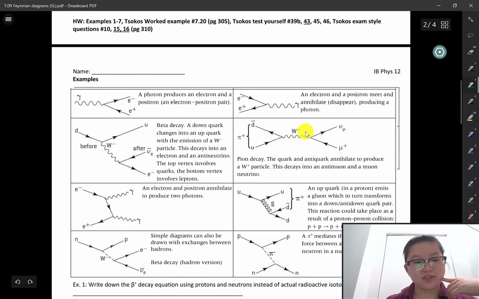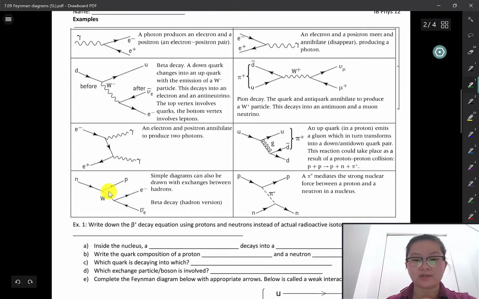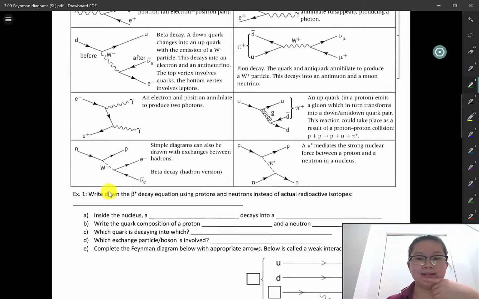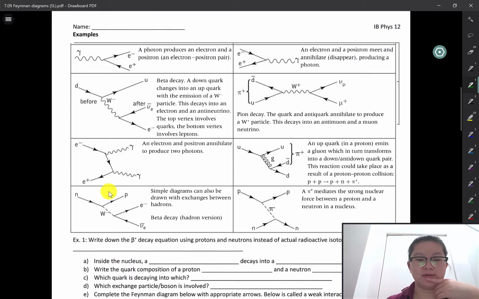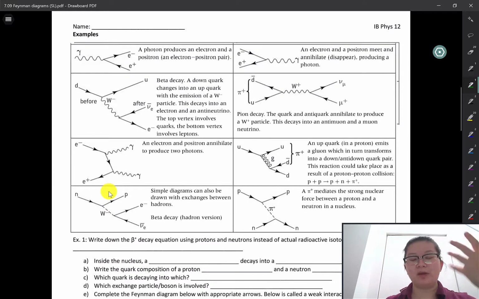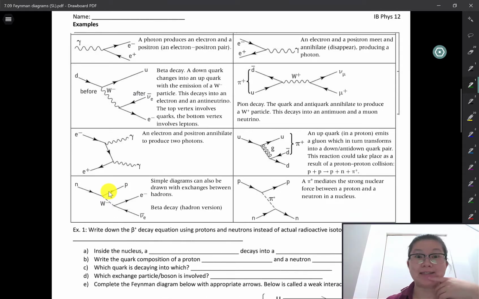Here we have an interesting one where you have an electron and positron annihilating to produce two photons. So there's an interaction happening there. And notice that we need two vertices, since there are two photons that are produced. Okay, so hopefully you have a couple of examples to give you an idea. Decay and annihilation are your common ones. So, pair production, annihilation, and decay.